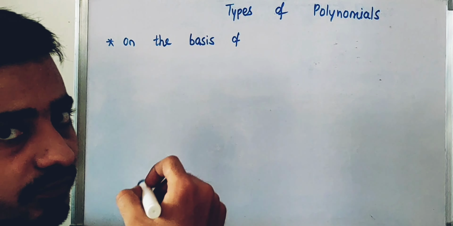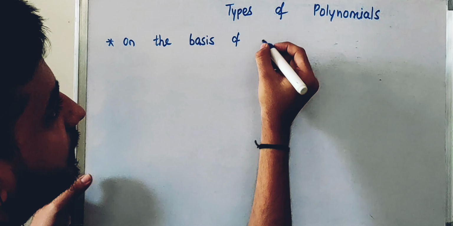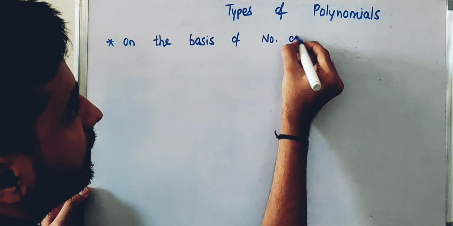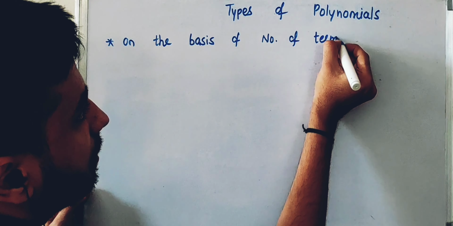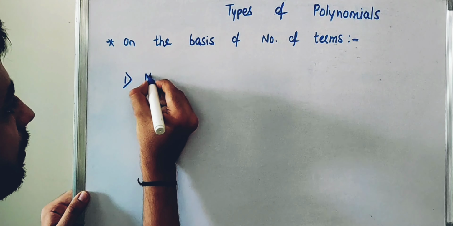Now the second type of classification: types of polynomials on the basis of number of terms. What is the first one in this? Monomial.